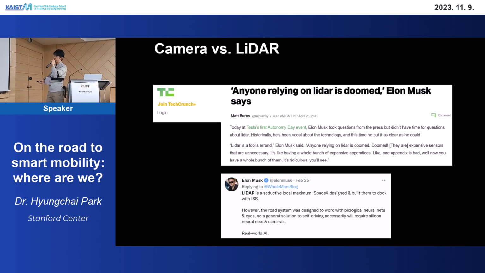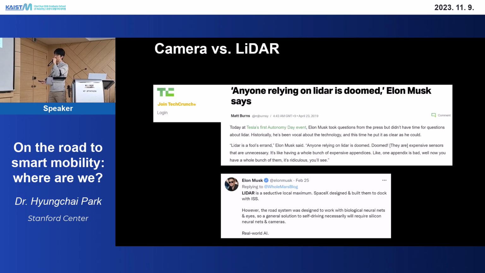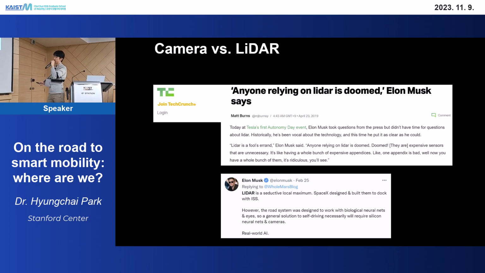But in a tweet, probably last year in February, he touched on a philosophy of driving. I will read his tweet literally: the road system was designed to work with biological neural nets, which are your brain and eyes.